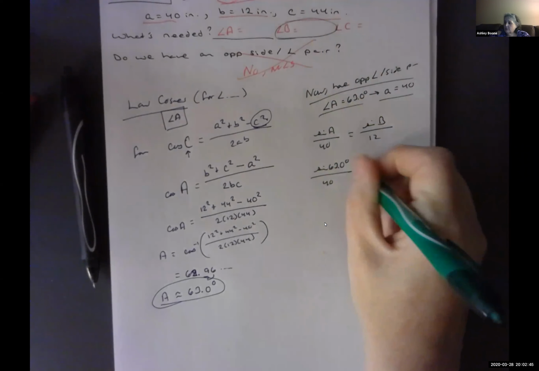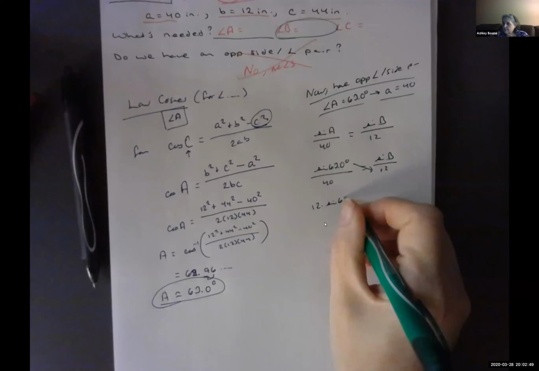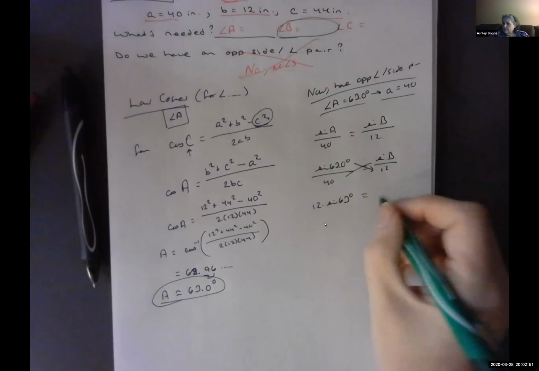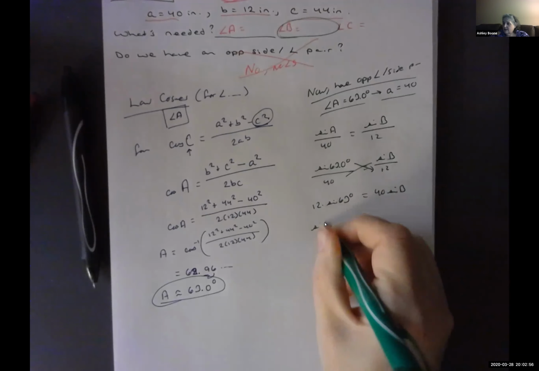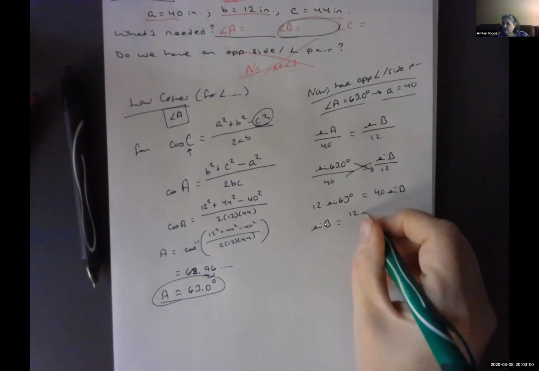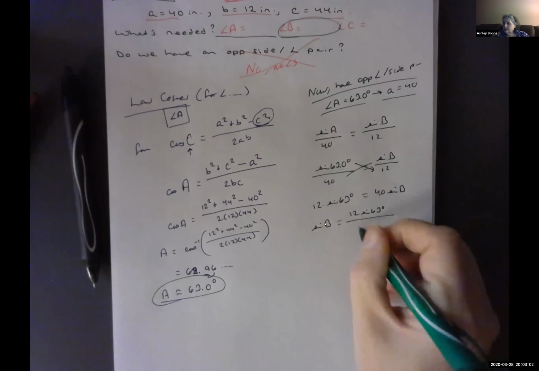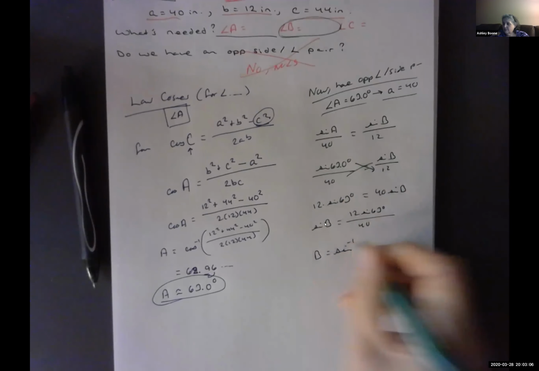I cross multiply. That means the sine of B is equal to 12 times the sine of 63 degrees over 40. So B is the inverse sine of that fraction.